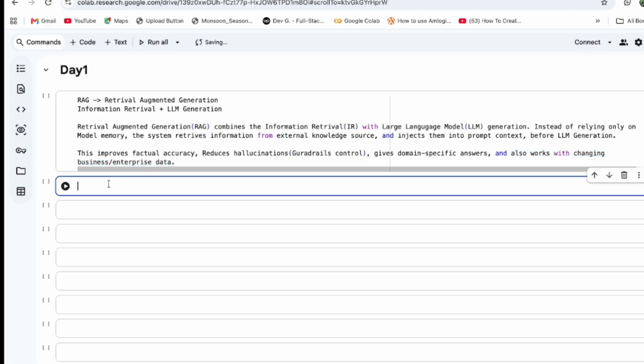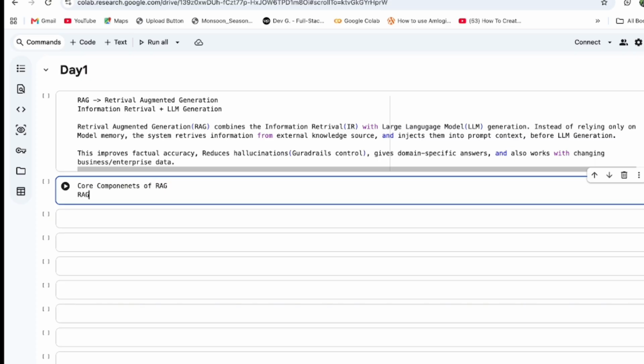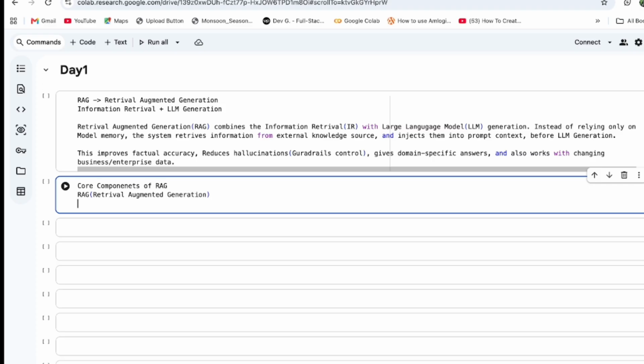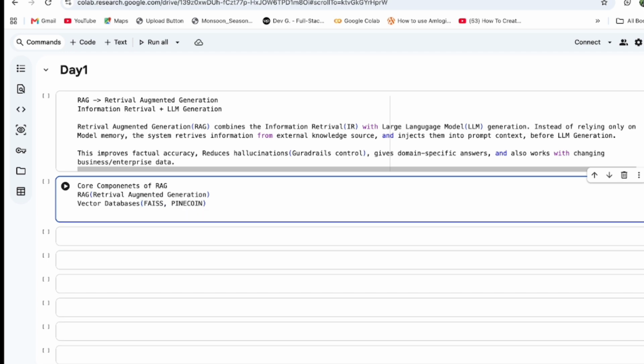There are different core components in RAG. We will see them one by one. The first one is RAG itself, which stands for Retrieval Augmented Generation, and the second component is the vector databases. Vector databases like FAISS and Pinecone are used to make a RAG system. The third one is embeddings.